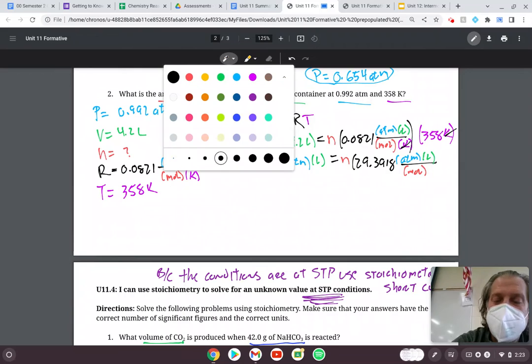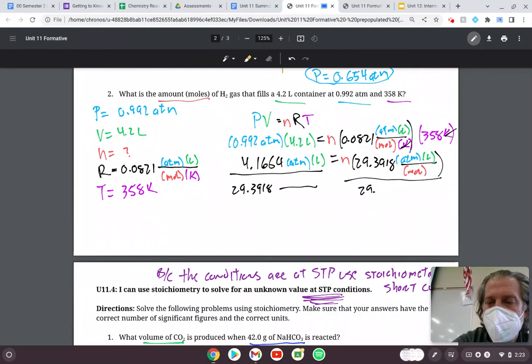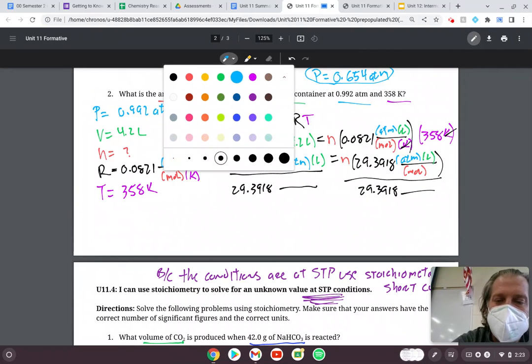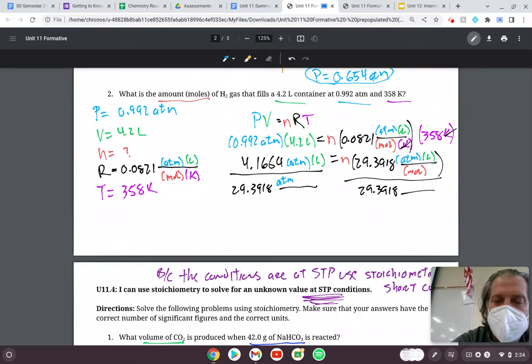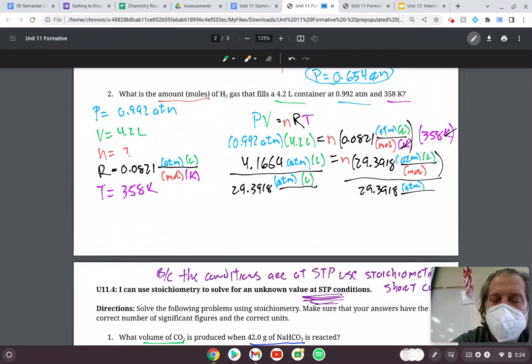We're going to divide both sides by the 29.3918. Our units are ATM, liters, and moles.